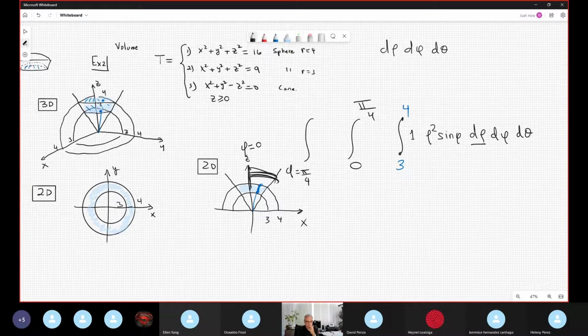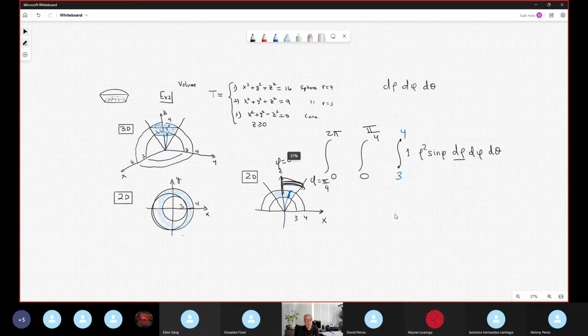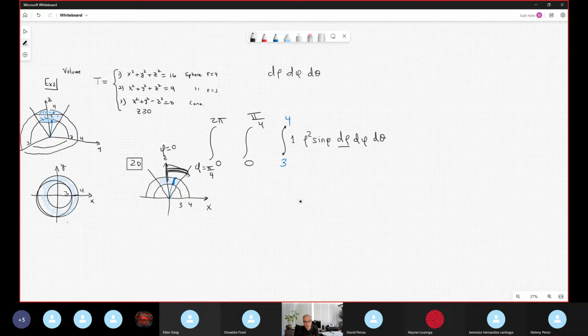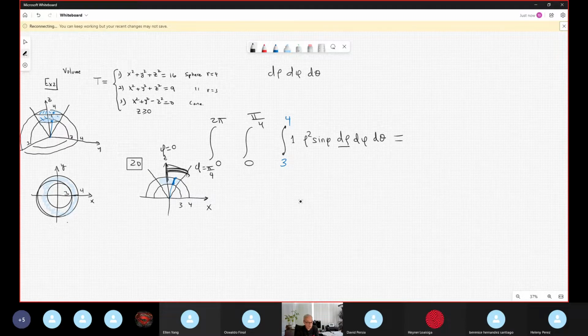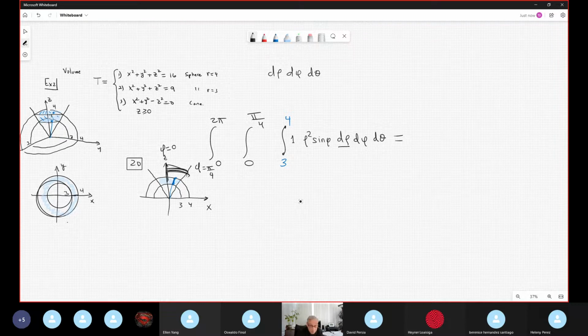Okay, from 0 here to 2 pi, because it's the full circle. Okay, and the answer then is, putting it in Wolfram Alpha, and in the review I solved it for you step by step, 37 over 3 times (2 minus radical 2) pi.